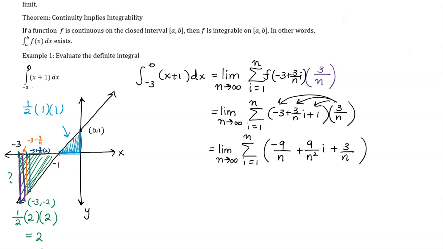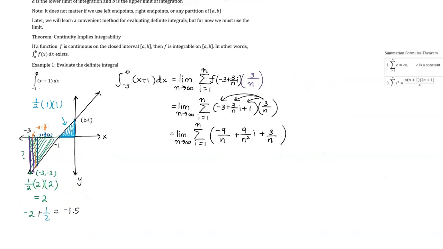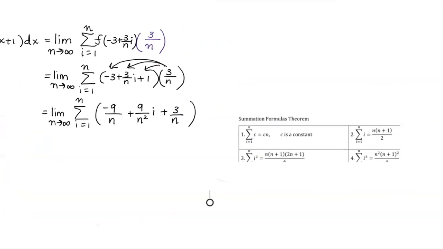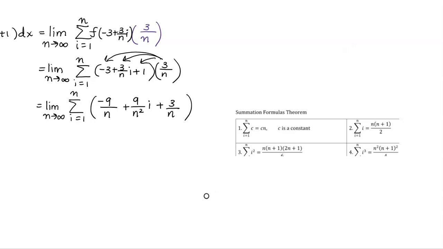So now let's actually look at evaluating these terms. And to do that, I'm going to drag over our summation formulas that we have seen before in a previous lesson. We can evaluate these term by term. Remember, this is indexed by i. There is no i that shows up there, and I'm going to have n terms in total.